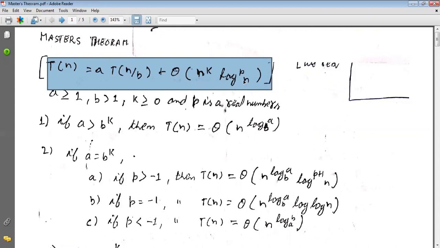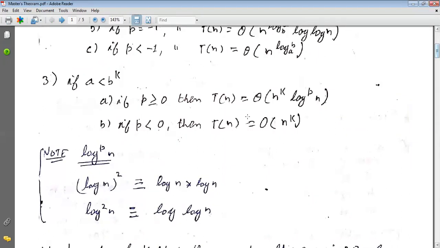We must remember that (log n) whole squared is different from log squared n. (log n) whole squared is log n into log n, but log log n is log of log n.